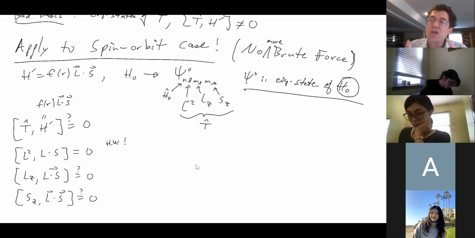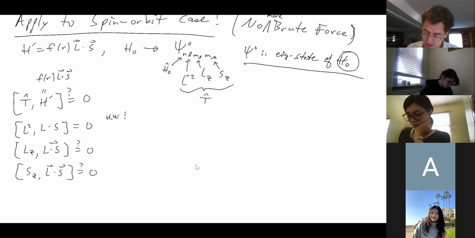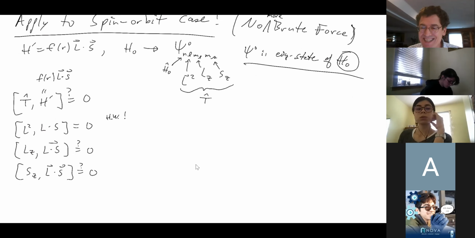For this to be a good basis, the one that you see right here in front of you, our favorite basis, I would need all those commutators to equal what, using the new theorem? Zero.